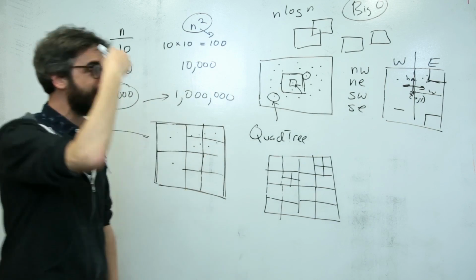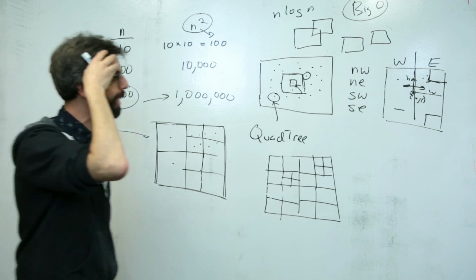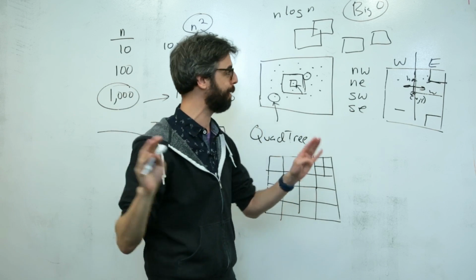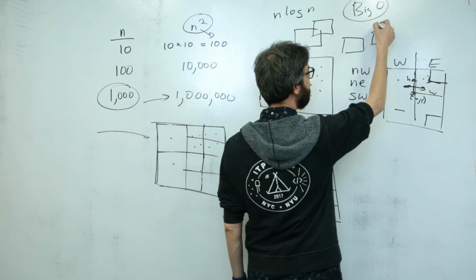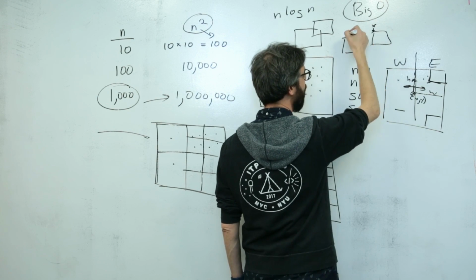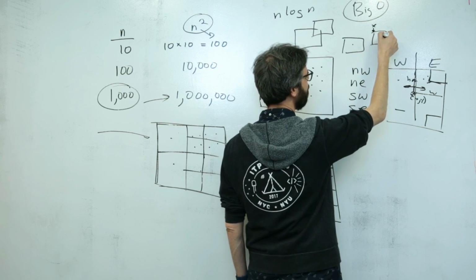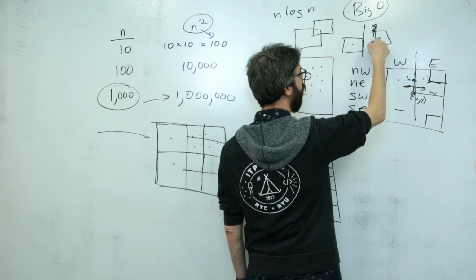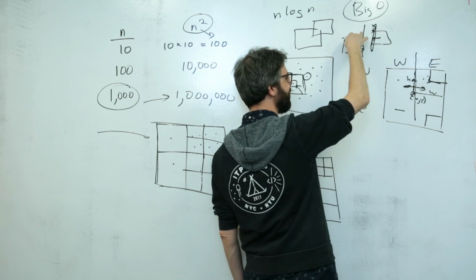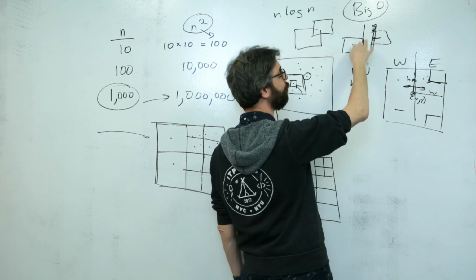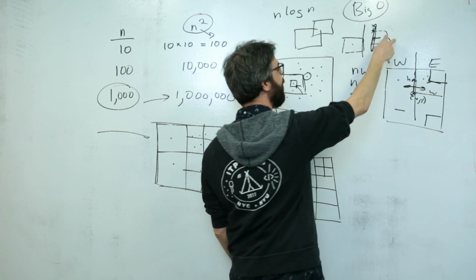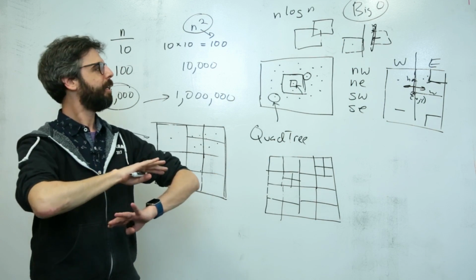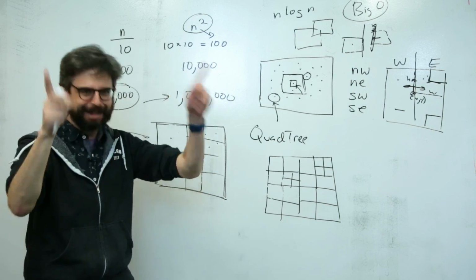I think there's a nice way of doing this with an or, basically saying, if any of these conditions are true, they can't possibly be overlapping. For example, if this edge is greater than that edge, or if this edge is less than that edge, or if this edge is greater than that edge, or if this edge is less than that edge, if this is anywhere outside, then they are not intersecting.